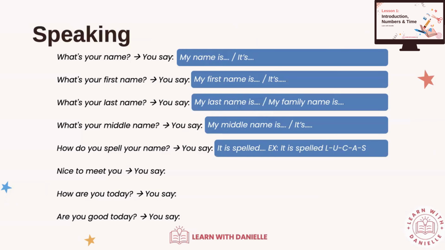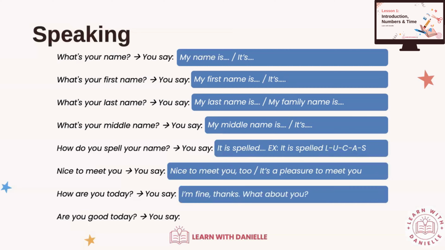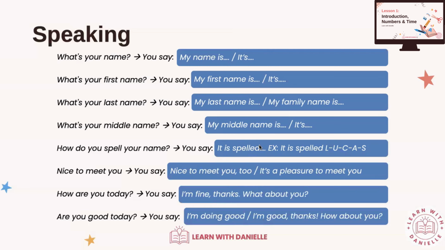When I say to you, nice to meet you, you say, nice to meet you too, or it is a pleasure to meet you. What about, how are you today? Very good. Please remember that you should ask the other person, like, I'm fine, thanks. What about you? Or the last question is, are you good today? And you say, I'm doing good. I'm good, thanks. How about you?